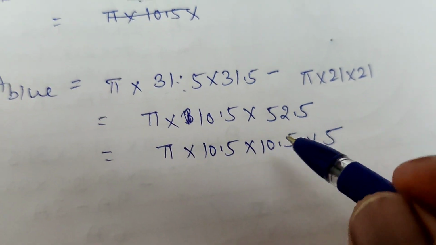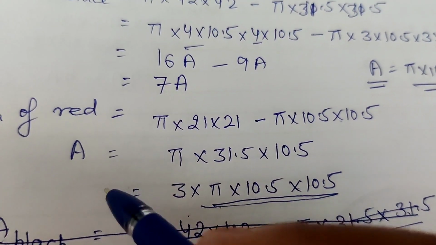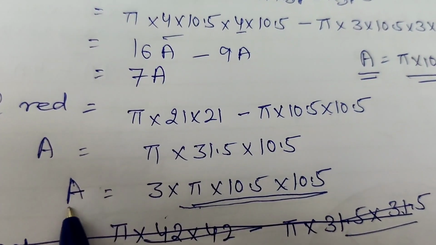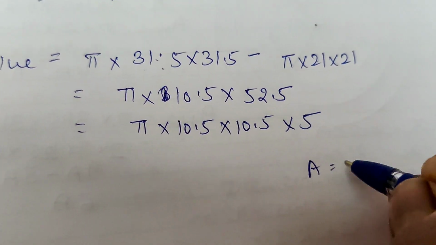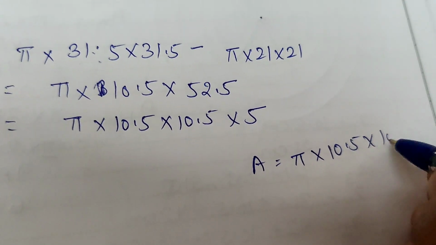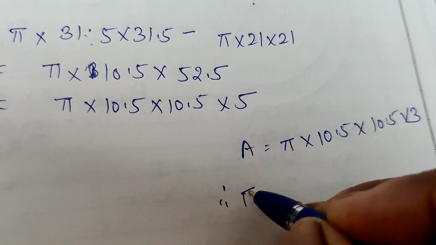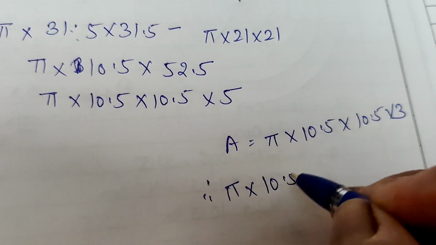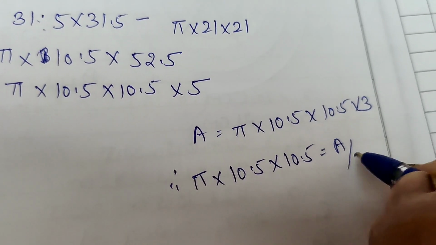If 3 pi, this equal to a. A equal to pi into 10.5 into 10.5 into 3. Therefore, pi into 10.5 into 10.5 equal to a by 3.